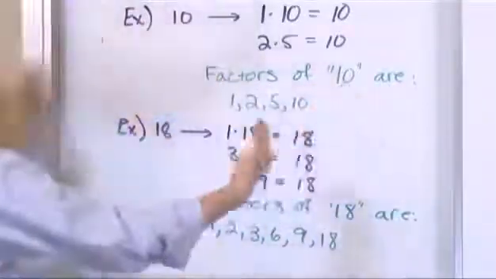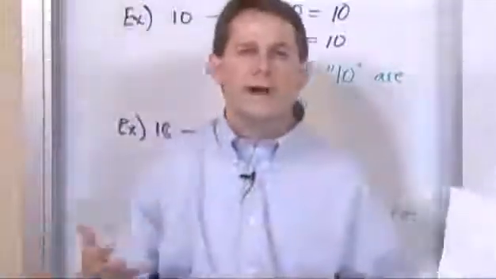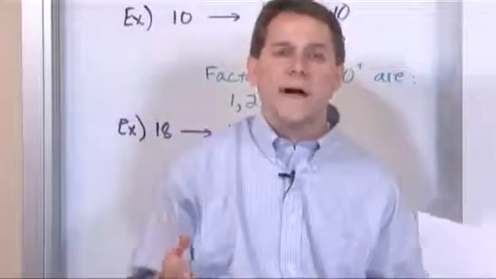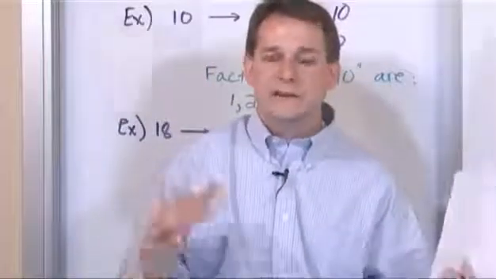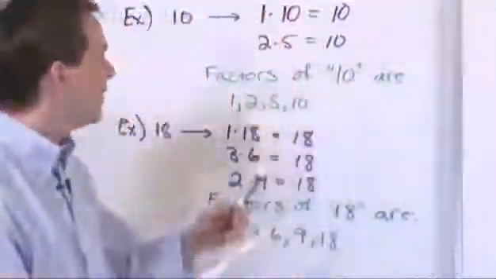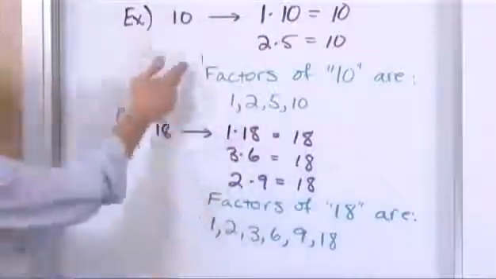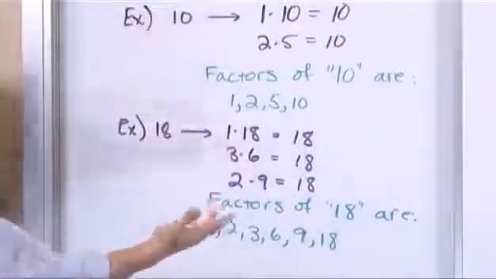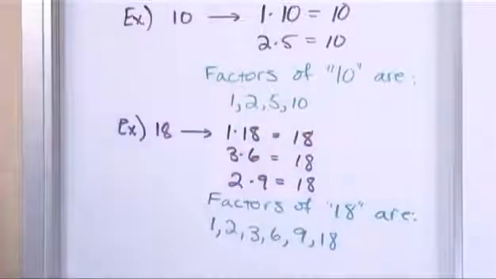So that's just another way to rewrite the definition of what a factor is. A factor is a number that is evenly divisible into whatever number it is you're after. So if you're looking for the factors of the number 10, then all of these numbers that you list should be evenly divisible in. And that's exactly because what we said before, they have to be able to be multiplied by something else to give you that number.